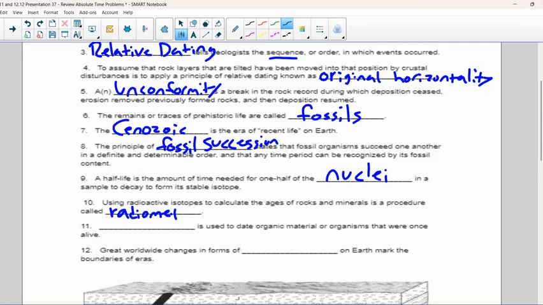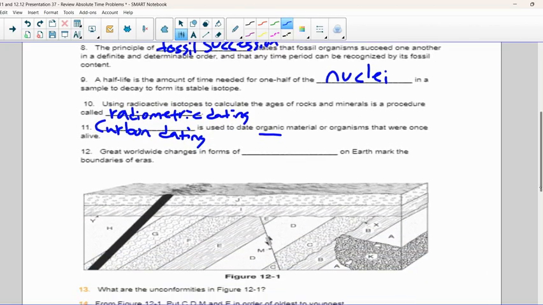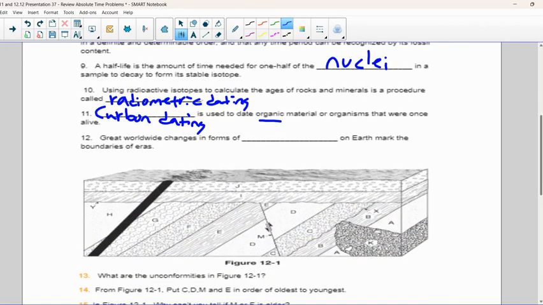Carbon dating is a form of radiometric dating. Carbon dating is used to date organic material because we are all carbon-based life forms. And then great worldwide changes in life forms on Earth mark boundaries between the different eras.